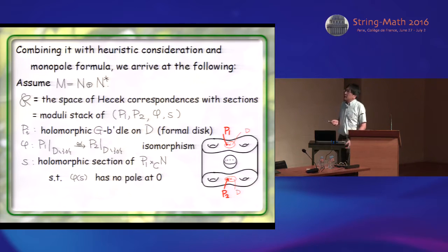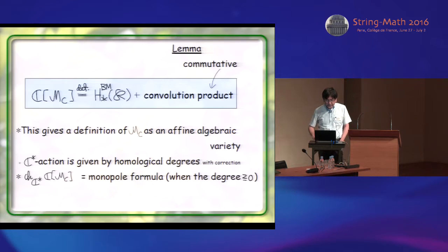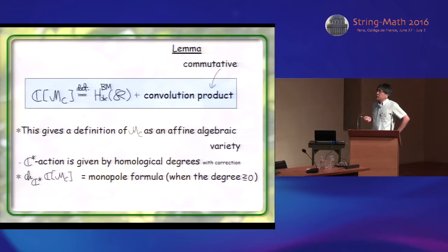So this is a moduli stack. Because of the automorphism, this is of infinite type, but you can work on its cohomology. More precisely, it's the Borel-Moore homology group. Then there's a natural convolution product on this Borel-Moore homology group.